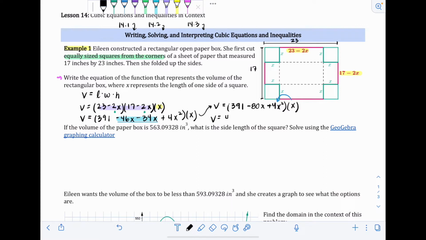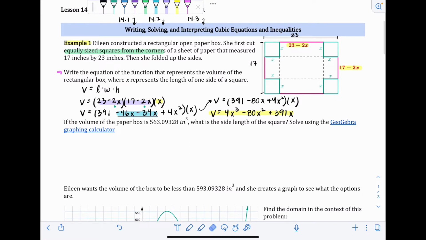So x times 4x squared is 4x cubed, and then x times negative 80x is negative 80x squared, and then x times 391 would become plus 391x. Okay, so we have the equation now, v equals 4x cubed minus 80x squared plus 391x.